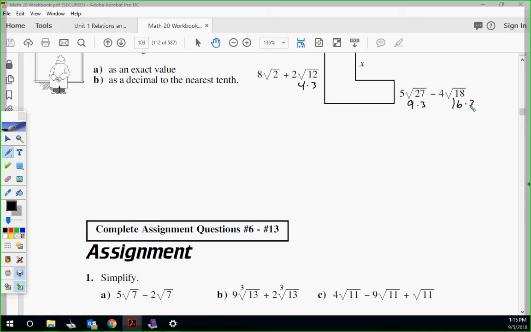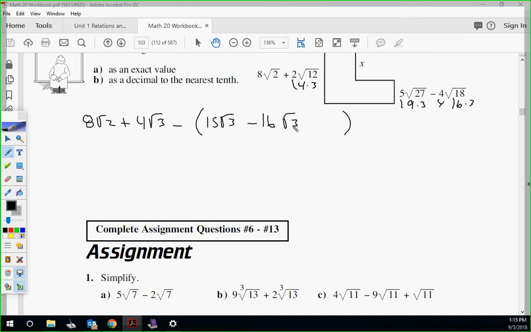So this will simplify to 8 root 2 plus, this comes out, so 4 root 3, and you go minus. Now put a bracket here because you're minusing this whole group, so you do need to distribute. 9 comes out as a 3, so it's 15 root 3. 16 comes out as a 4, so it's minus 16 root 3.